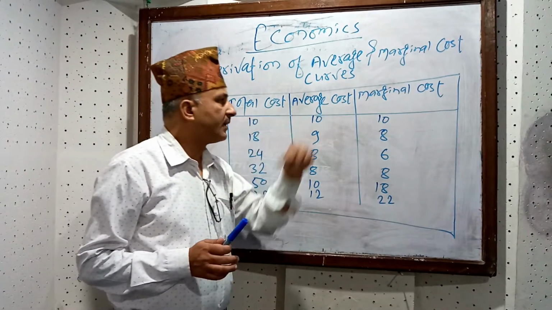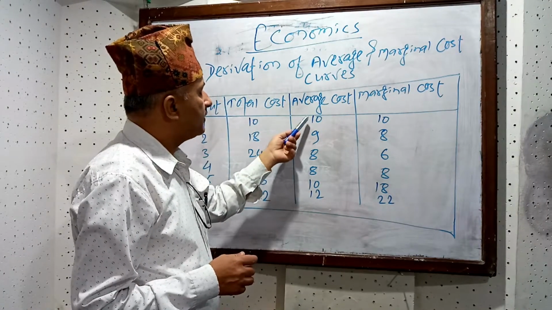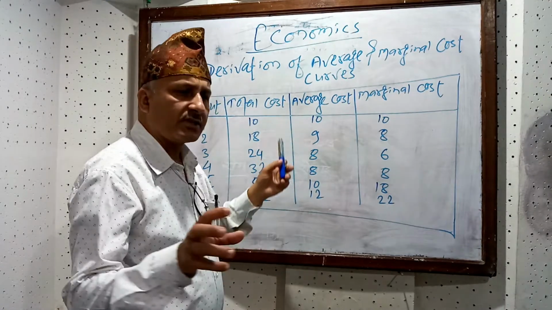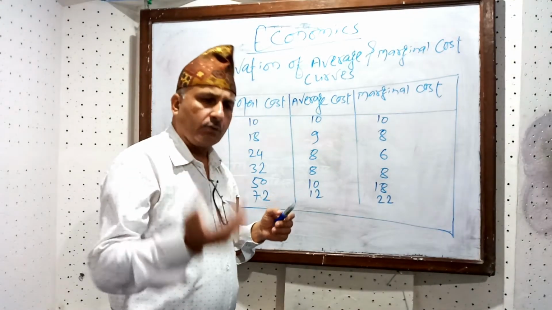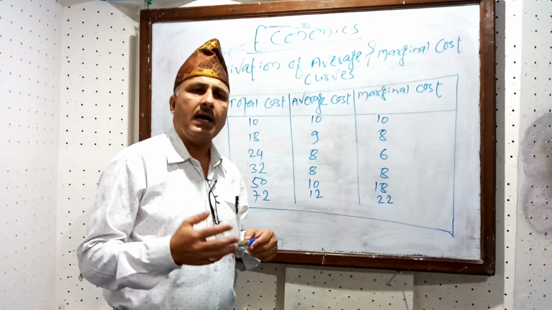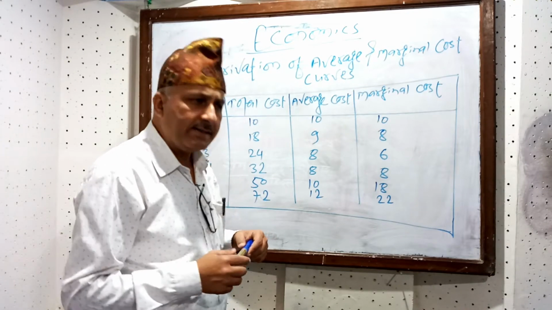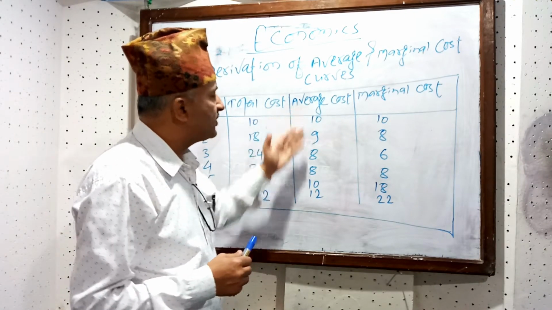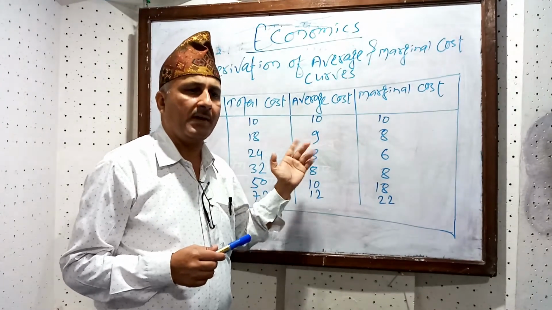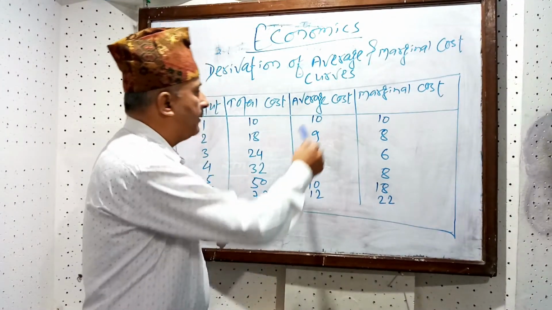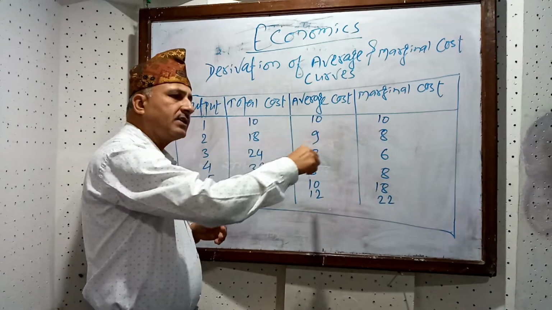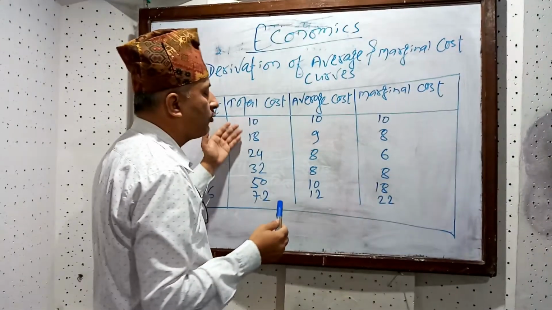Now under the average cost column, write 10, because average cost is calculated using a formula. I think you know the formula: AC is equal to TC upon Q. You must know it. Average cost is the result of dividing total cost by the number of output produced.